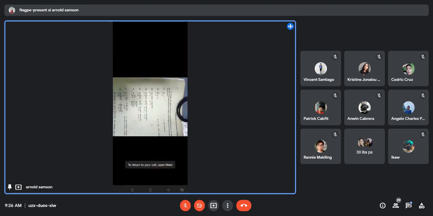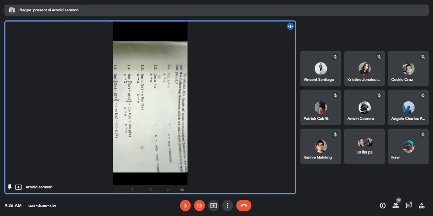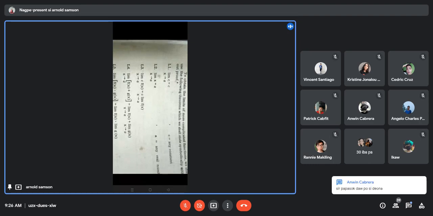Okay. So, these are now the theorems wherein this is our basic guide in solving and writing. So, anong ibig sabihin ng lim C, no? So, the limit of C wherein C is any constant. Okay? Any constant. Pag sinabi natin any constant, numerical, no? Okay?